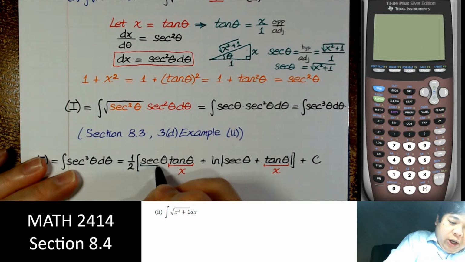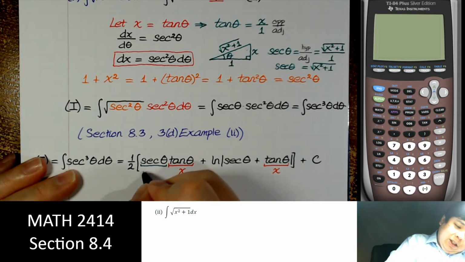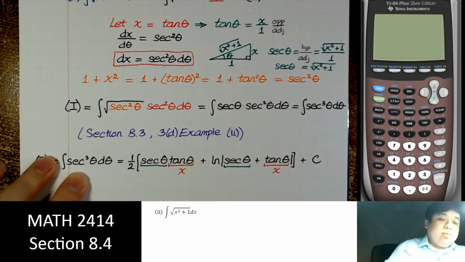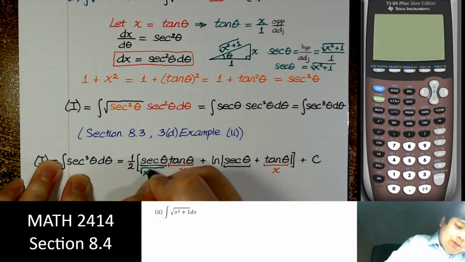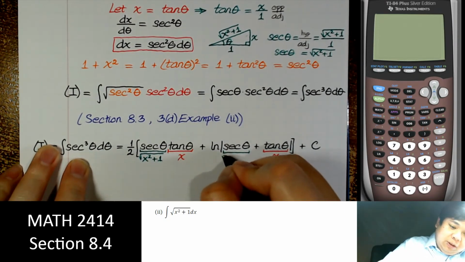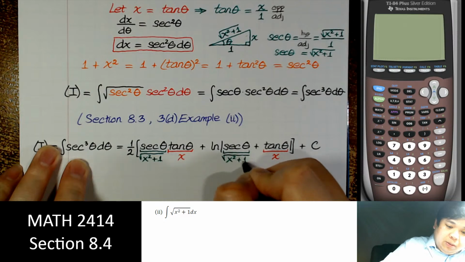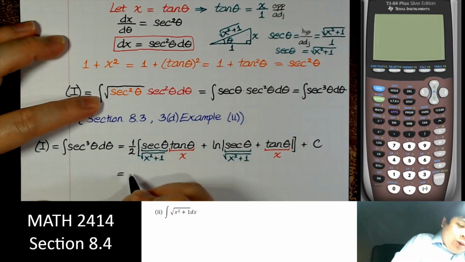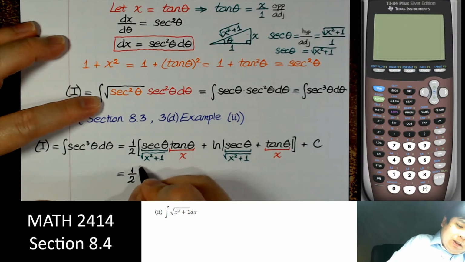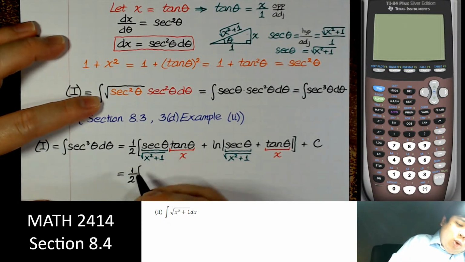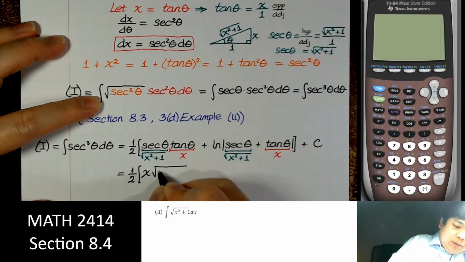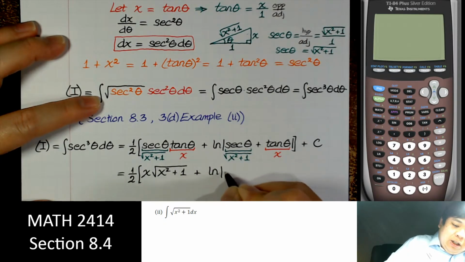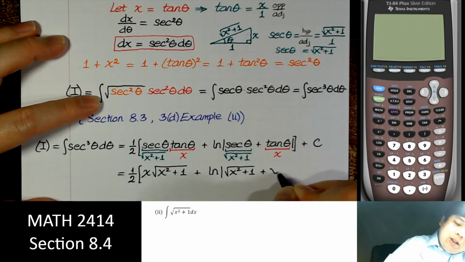Which is, we will go here and here. So this equal to 1/2 x times square root of x squared plus 1, and then ln square root of x squared plus 1 plus x plus C.